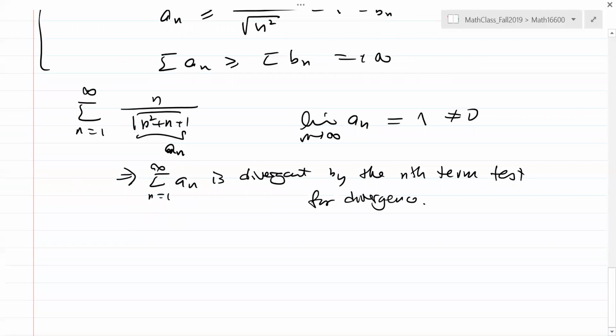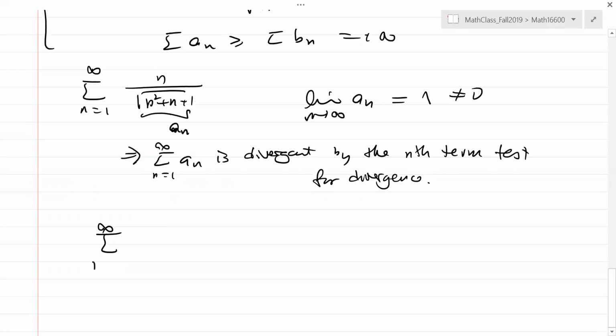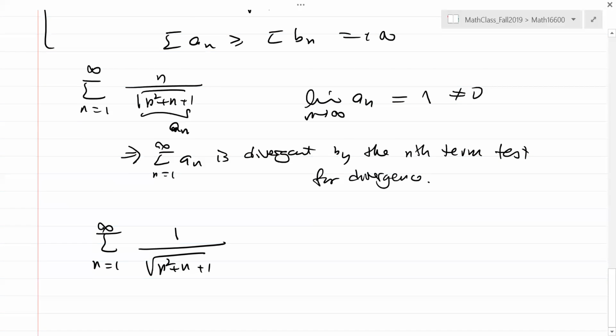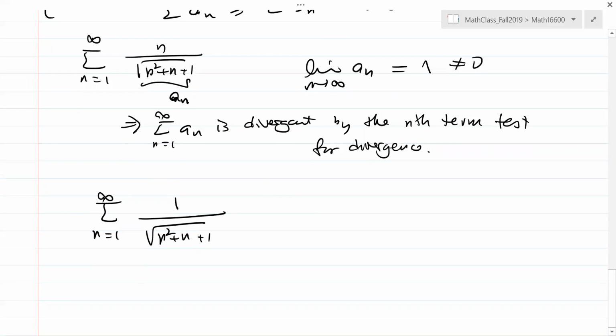Okay, but if I modify this problem to this, then you cannot use the nth term test for divergence, because in this case, the nth term approaches 0, right? So the nth term test for divergence is useless here, right? But this series is still divergent.